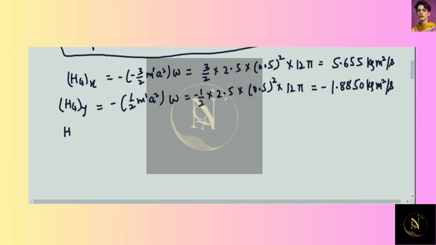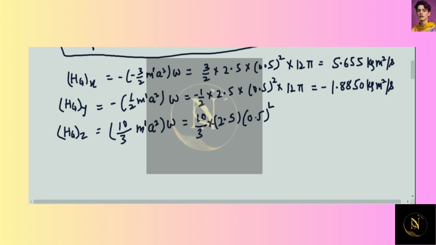And its z component would be 10 by 3 m dash a square omega, substituting the value of mass m dash, that is 2.5 kg, and a, that is 0.5 square, 12 pi.